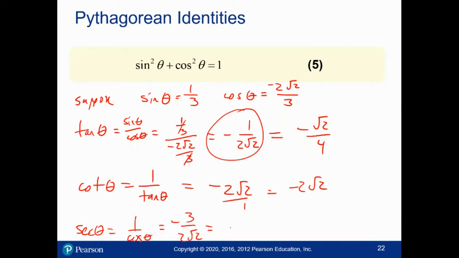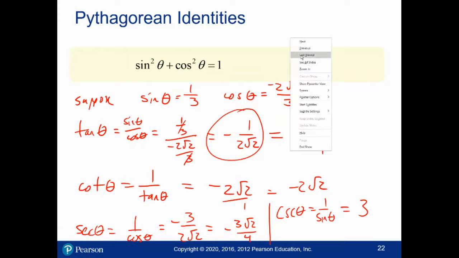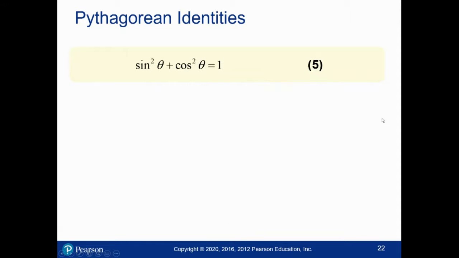I'm fine leaving it like this if you really don't like radicals in the denominator. Call it negative 3 root 2 over 4. And finally, the cosecant of theta is just 1 over the sine of theta. Sine of theta was given to be a third, so 1 over that is exactly 3. Okay, so hopefully that makes up for the error in the book's version on the previous slide.